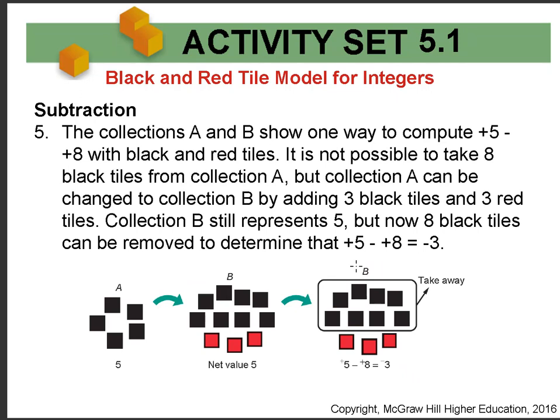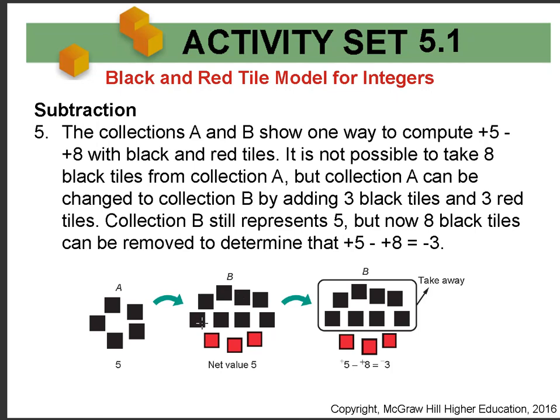And suppose we have the question +5 take away +8. If you look at collection A here, you have 5 black tiles. This is the minimal collection of +5. If I want to take away 8 black tiles, I don't have enough.